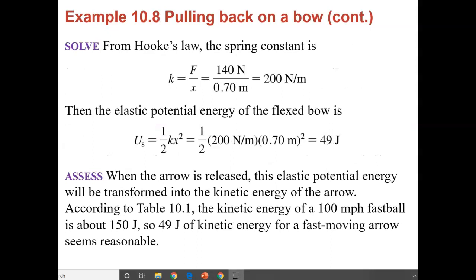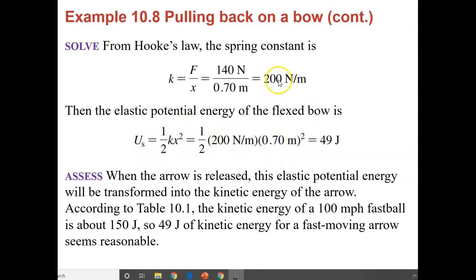So, from Hooke's law, spring constant is F over x. F is 140 newtons. x is 0.7 meters. So 140 divided by 0.7 is 200 newtons per meter. So that's your k. So when you put the k in the elastic potential equation, you know the displacement.